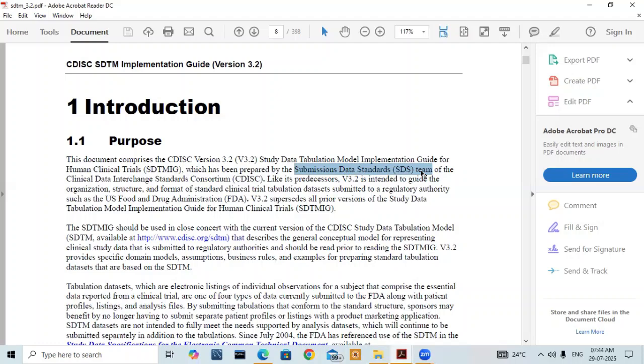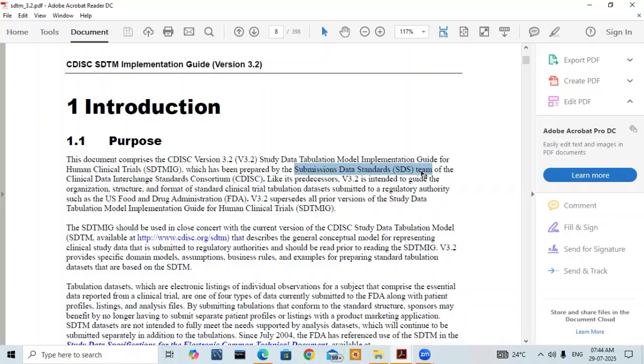Everyone cannot submit data to the FDA in their own format, because the FDA is going to store this data on their servers, in their database, for future reference. So they have a particular format, some standards, that has to be followed. These standards are actually the protocol, and the data has to be submitted by the research organizations in that only.